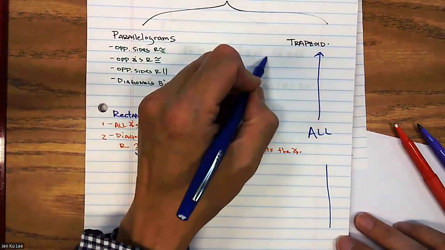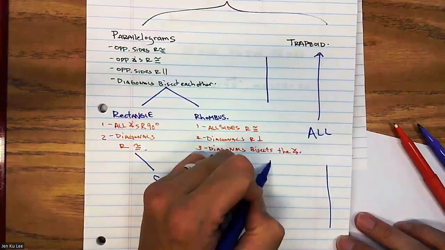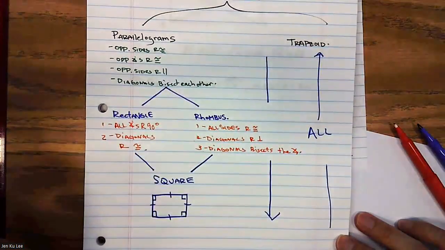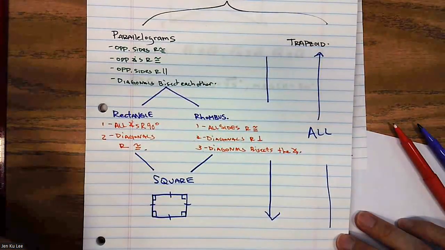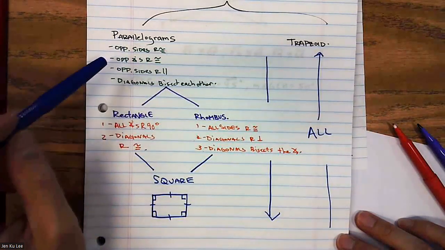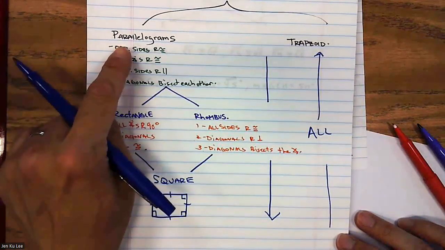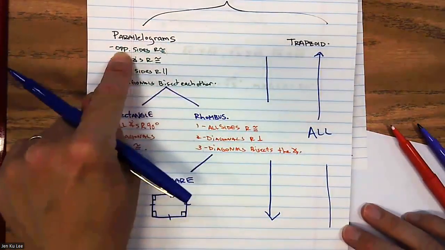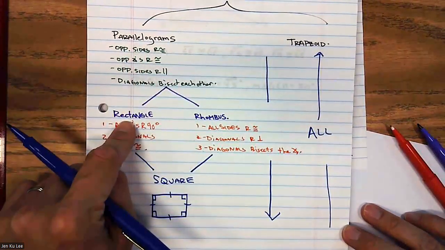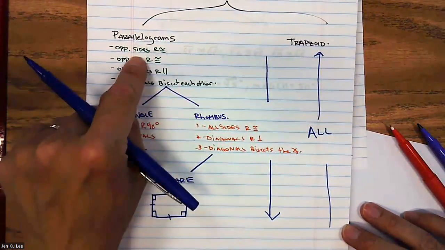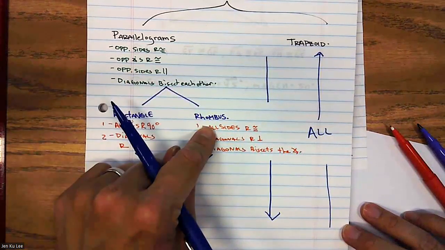As you come down the list, right? As you go down, it's some. Okay? Some or can be. This parallelogram can be a rectangle. This parallelogram can be a rhombus.